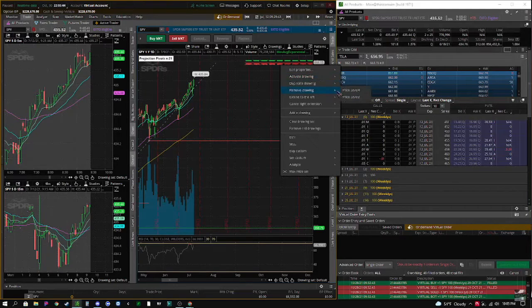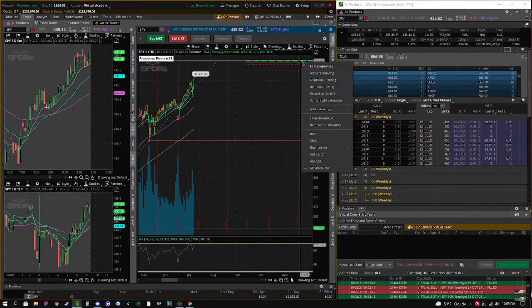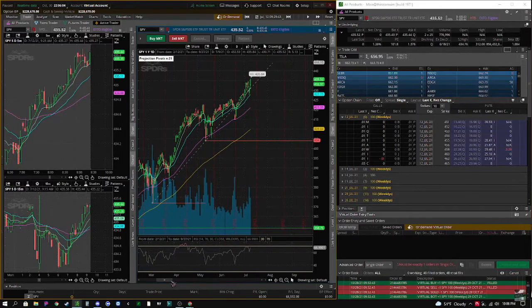So let's remove these weird drawings I got going on. So we're looking at the 1 year, 1 day.